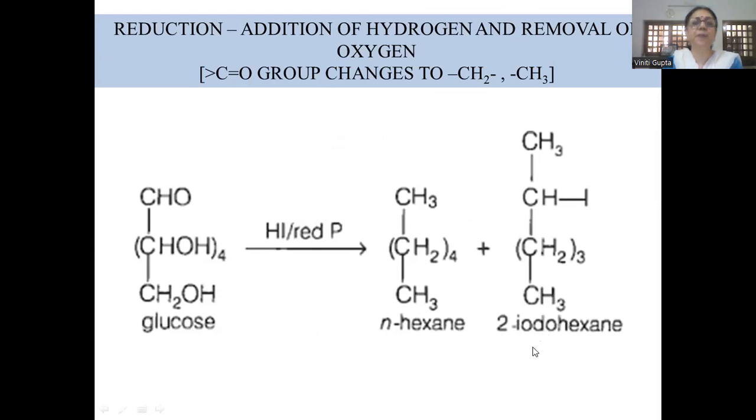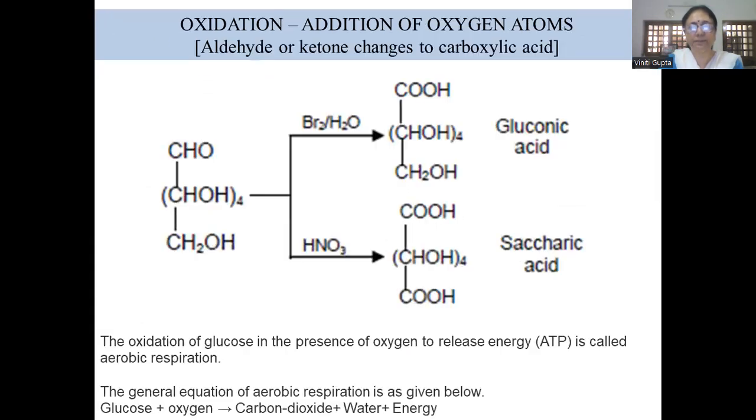This reaction is very important as it certifies that carbohydrate has a straight chain structure. Always remember this reaction when we discuss the structure of glucose. This is very important for you to remember that this reaction itself shows that carbohydrate is a straight chain molecule.